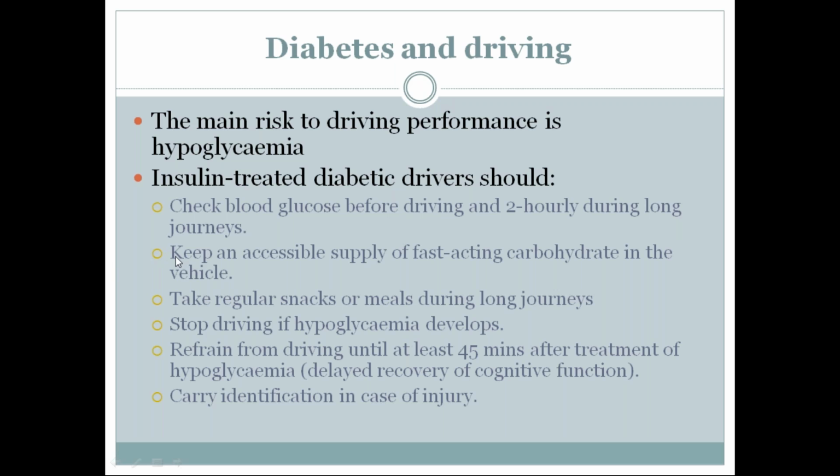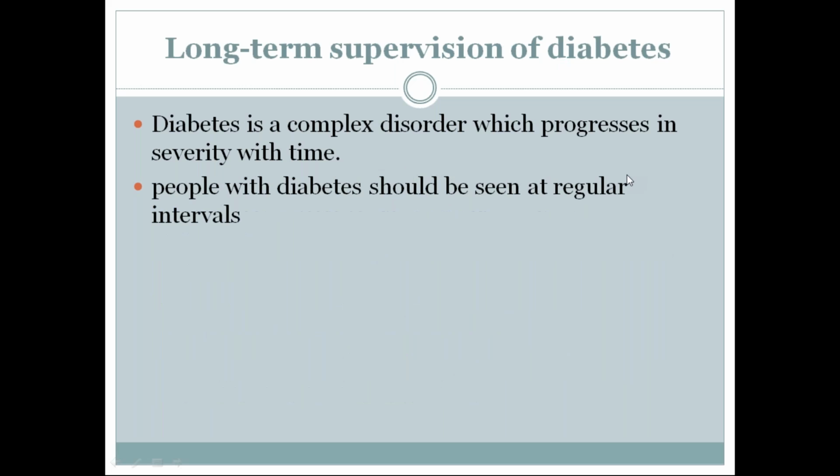They should keep an accessible supply of fast acting carbohydrate in the vehicle, take regular snacks and meals, and stop driving if any signs of hypoglycemia develop. They should refrain from driving for 45 minutes after treatment of hypoglycemia, and carry identification in case of injury. Every time, they should have an identification card with them.